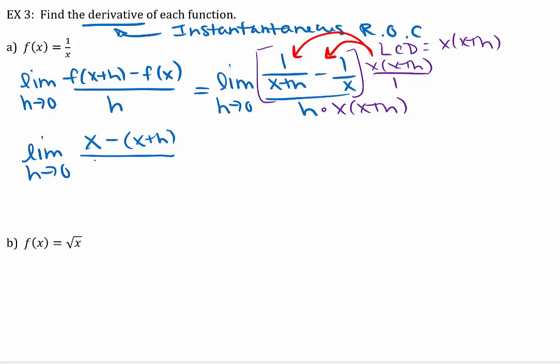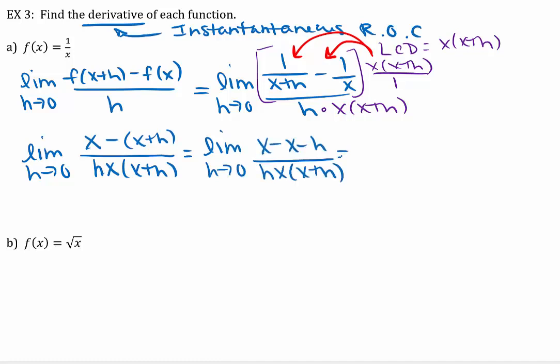I am just going to rewrite the denominator as h times x plus h. Now I'm going to distribute that negative sign in the numerator. So now I have a negative x and a negative h in the numerator. When I combine like terms, the x's cancel out. And all I'm left with in the numerator is the negative h. Nothing has happened to the denominator yet.